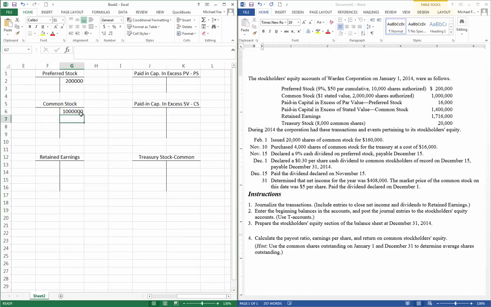The paid-in capital in excess of par value on the preferred stock had a balance of $16,000. And the paid-in capital in excess of stated value on the common stock had a beginning value of $1,400,000. Retained earnings had a balance of $1,716,000, and the treasury stock had a balance of $20,000.